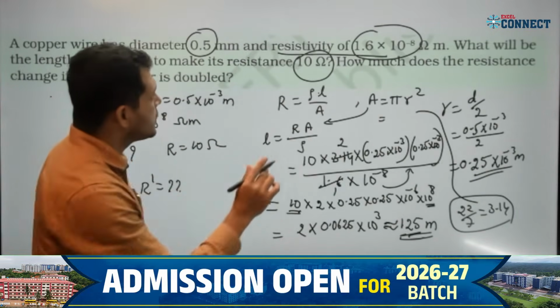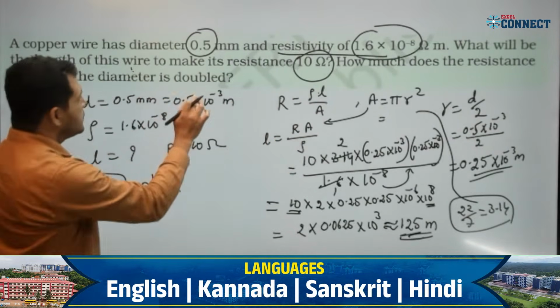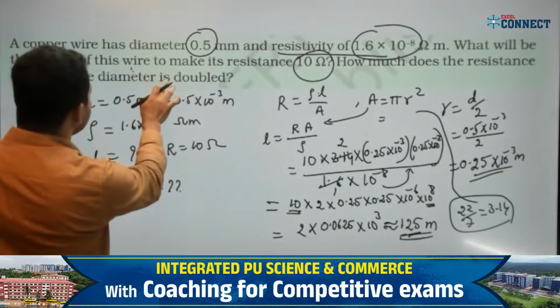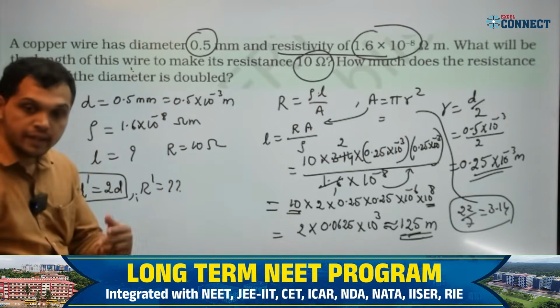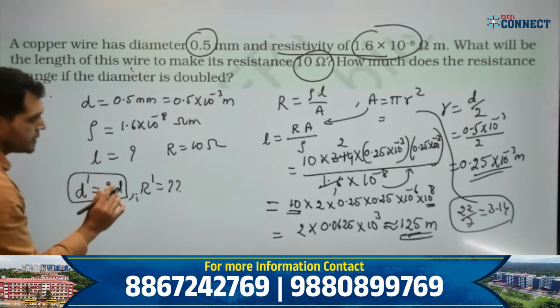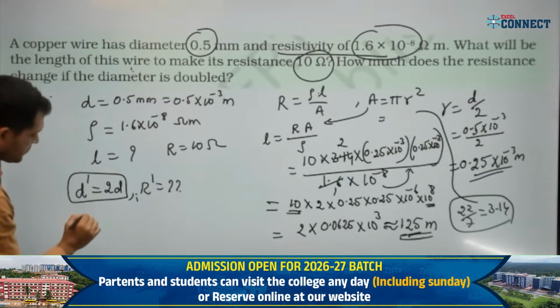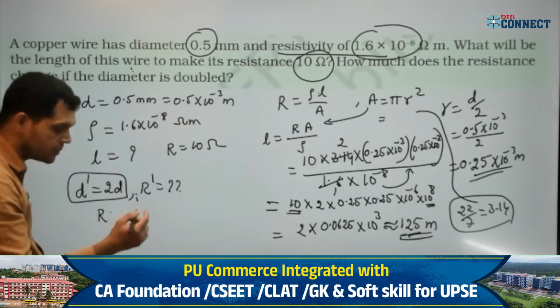Last question: resistance, what happens? What is the relation between resistance and diameter? Diameter doubles, so what about the radius? The radius also doubles, right? Diameter doubles means diameter is 2 times d, and the radius also doubles.